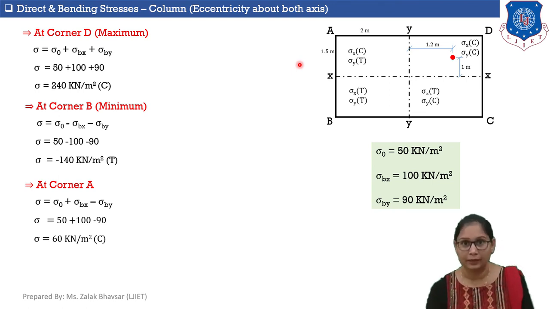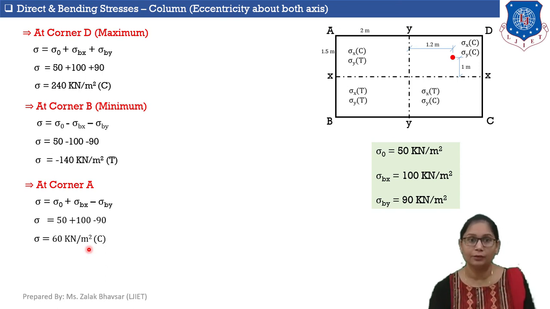In the opposite manner, by pushing this point, the y-axis of the second quadrant will get stretched and tensile stresses will be generated, so I am taking sigma By as negative. I am getting the value of sigma at corner A equal to 60 kilonewton per meter square. Here I am getting a positive value, which means stresses developed at corner A are compressive in nature.